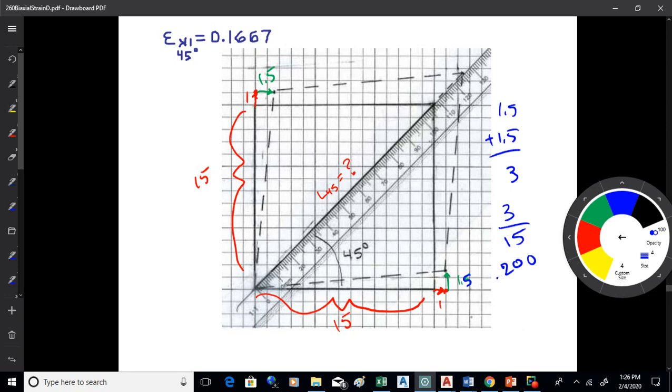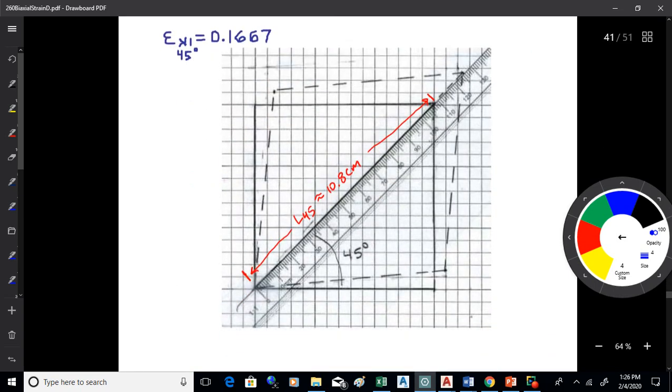And what I'm going to do is see how that affects the length of the diagonal. So I'm going to look at L45 now at 45 degrees. My original length, if you can read that scale, a little bit fuzzy there, is about 10.8 centimeters, plus or minus. That was the original length on the solid square.